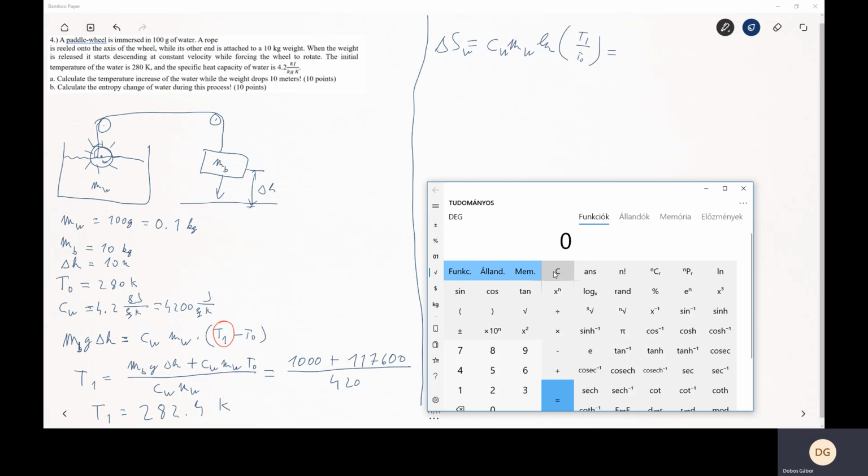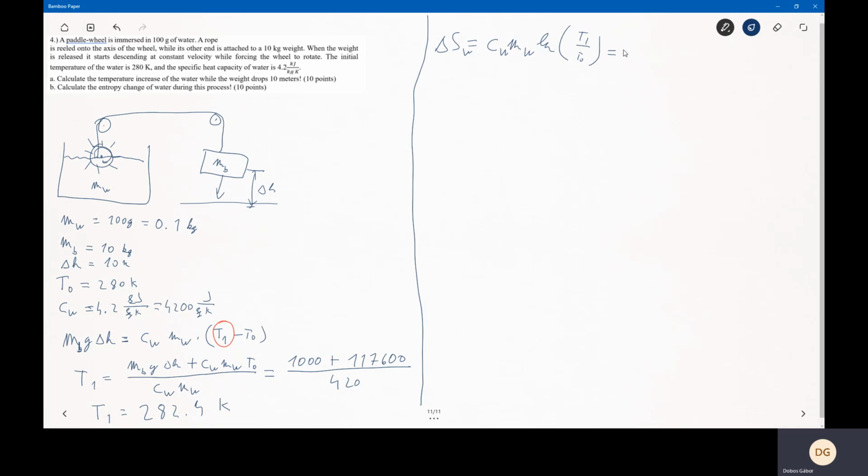So here, CW is 4200 multiplied by MW, that is 0.1, multiplied by the natural logarithm of 282.4 divided by 280, close the parenthesis, hit enter, and that is 3.585.